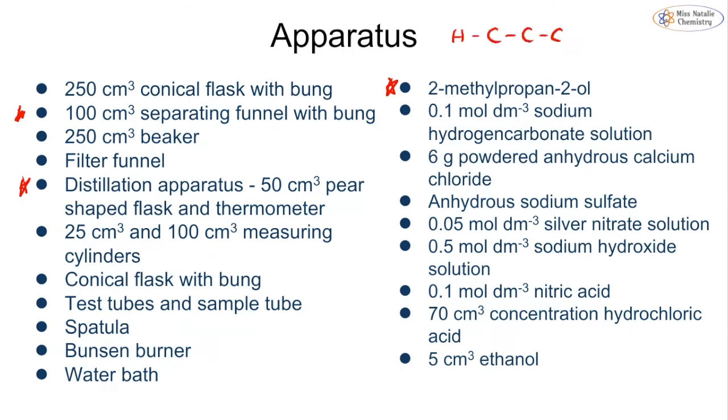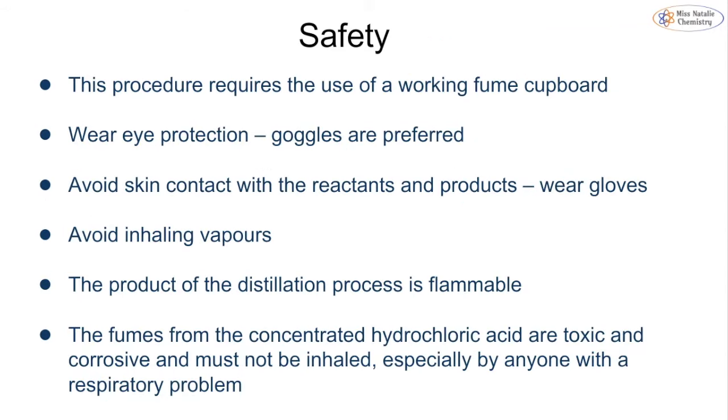So if we can't remember what that's going to look like, notice that it is a tertiary alcohol. So because it is a tertiary alcohol, we are going to be using hydrochloric acid in order to react this. And we're also going to need to use calcium chloride as well as sodium sulfate. And I'll explain as we go through what we use these for.